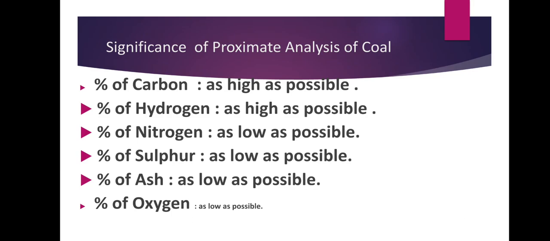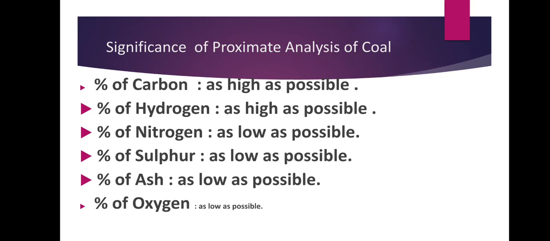Next is the percentage of nitrogen. Nitrogen does not contribute to the calorific value of the fuel. On the contrary, nitrogen reacts with oxygen and converts into oxides of nitrogen, which further react with water and convert into acids. So the amount of nitrogen should be as low as possible.